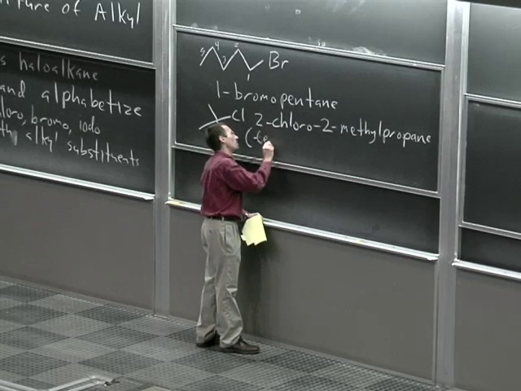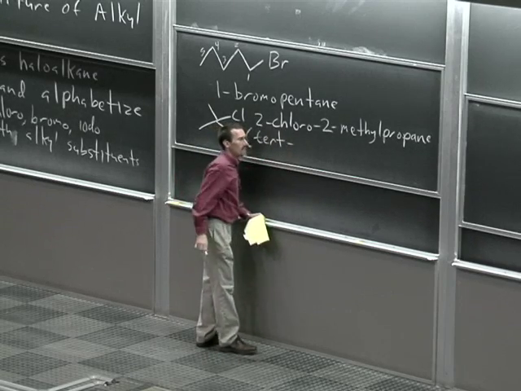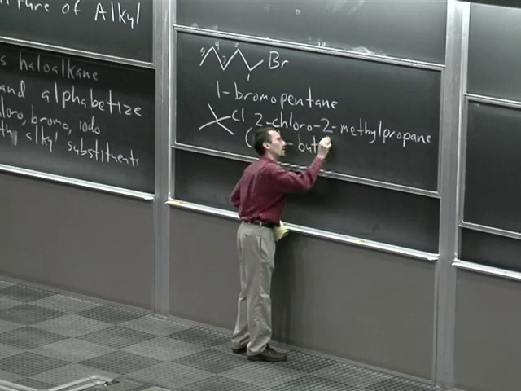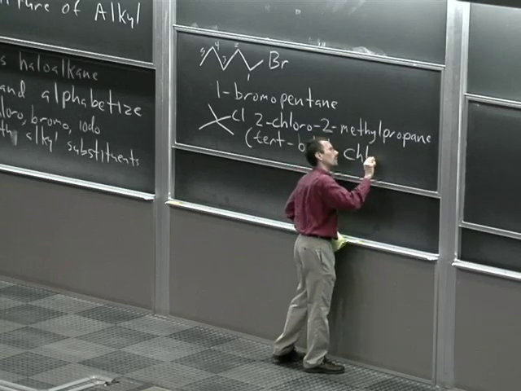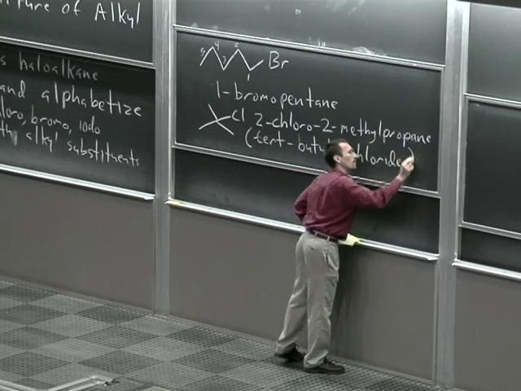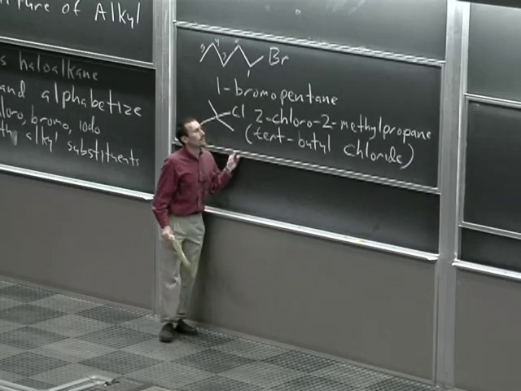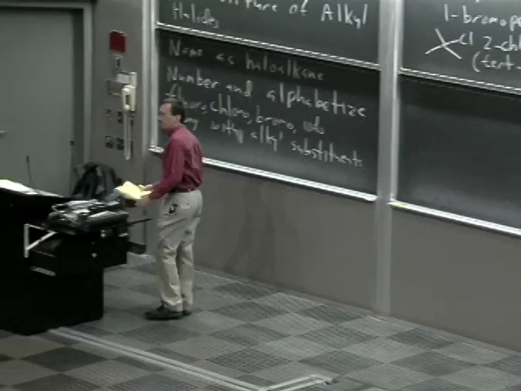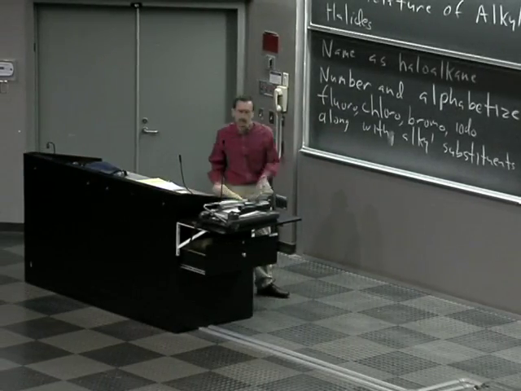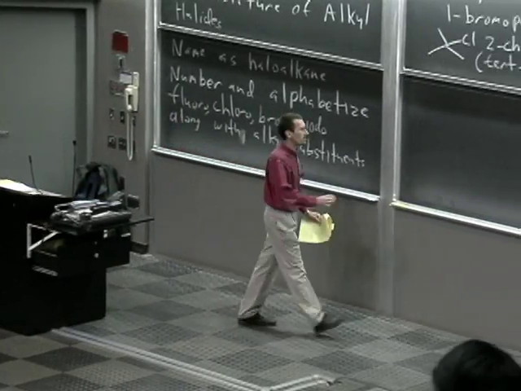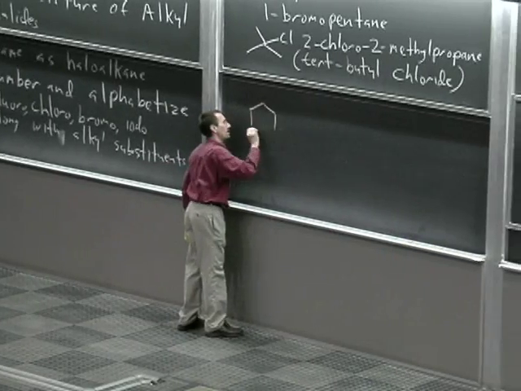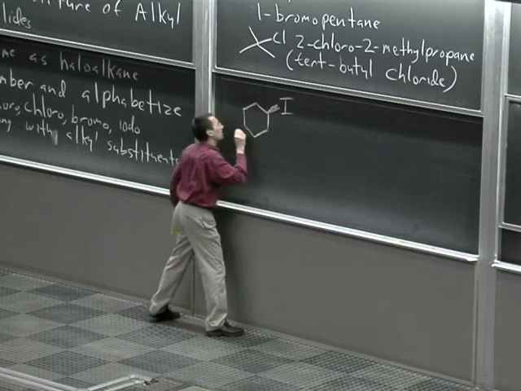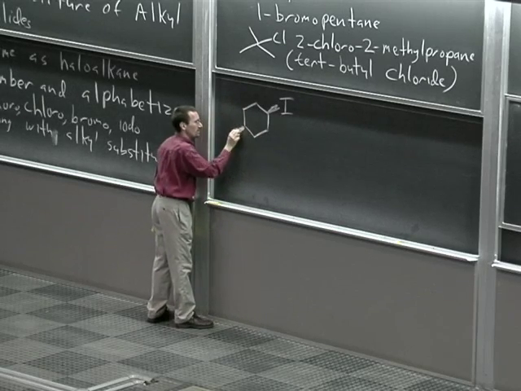So this one, what would roll off of most of our tongues would be tert-butyl chloride. Take one more example, and I'll give us a cyclic example with some stereochemistry just to remind us. Bring back some concepts of stereochemistry.